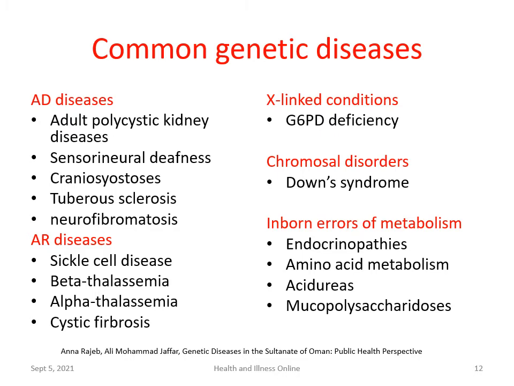Autosomal recessive disorders, I think keep in mind sickle cell disease, beta thalassemia, alpha thalassemia, and cystic fibrosis. Those are common diseases. You would see a lot of those when you come to clinical years, and even now in phase 2 as well, during your system courses. The sex-linked conditions like G6PD deficiency are very common in Oman.